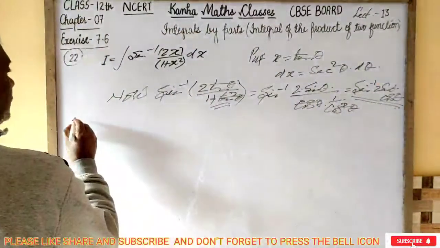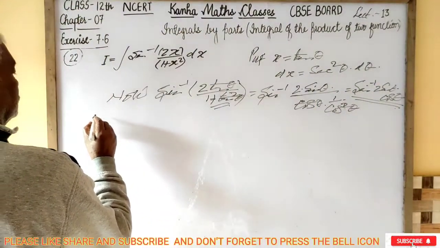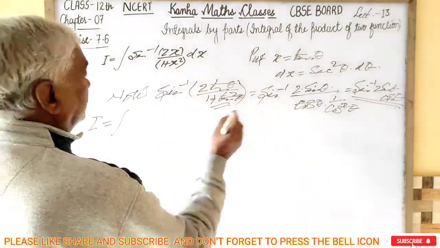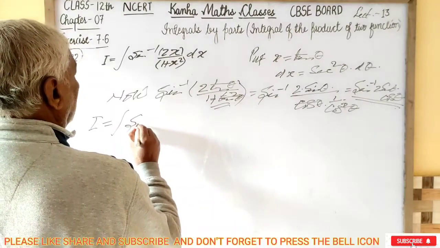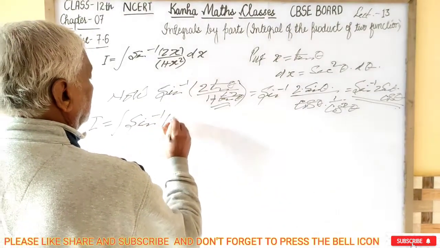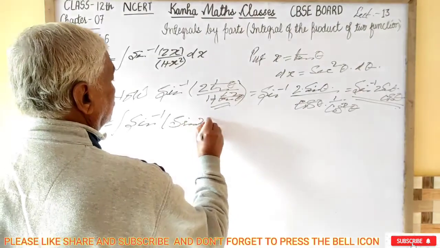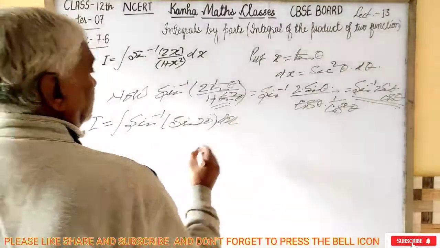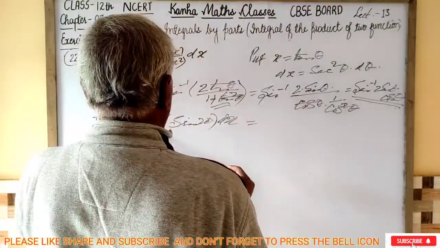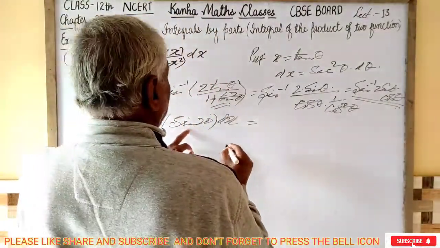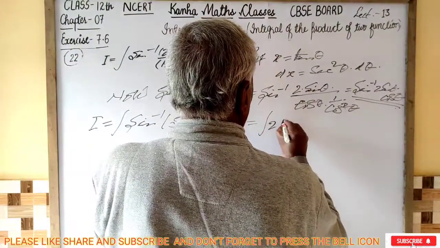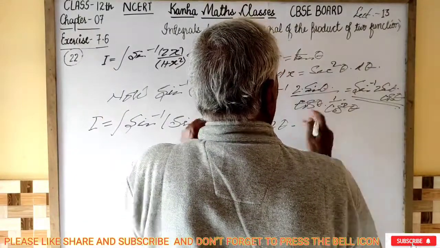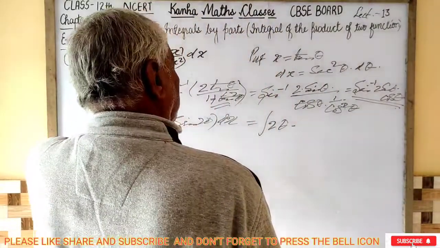Now I will be equal to integral of sin inverse of sin 2 theta into dx. This is equal to sin inverse sin 2 theta, which means 2 theta, into dx, that is sec square theta d theta.